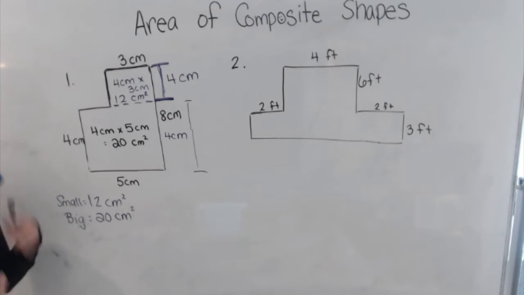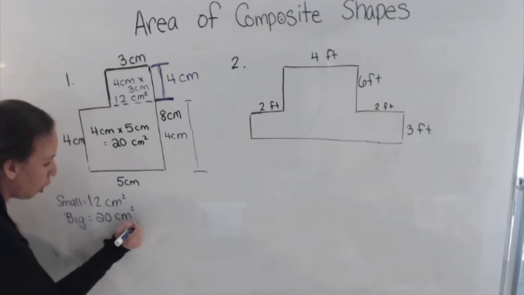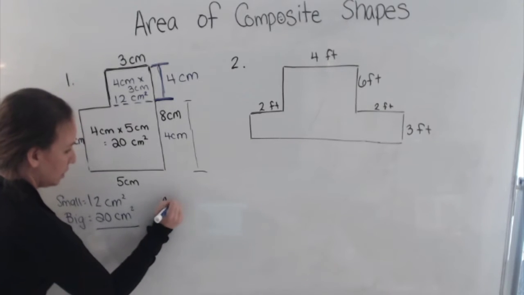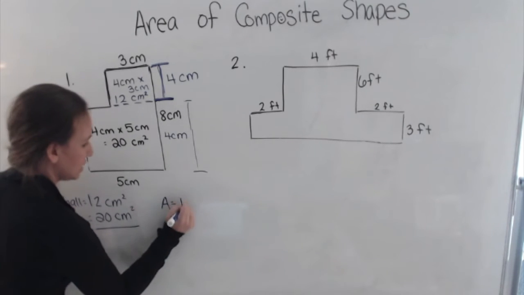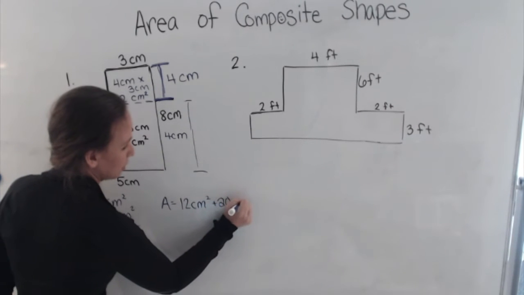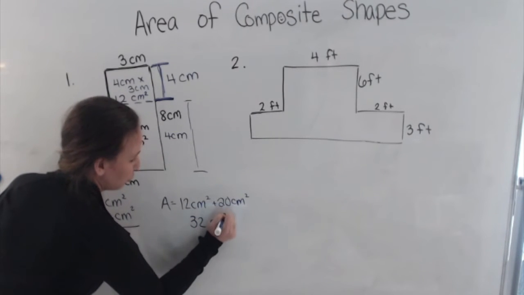I want to know what is the area all together. So all we have to do is add those two areas together. So the area of the rectangle is 12 centimeters squared and 20 centimeters squared, which is 32 centimeters squared.